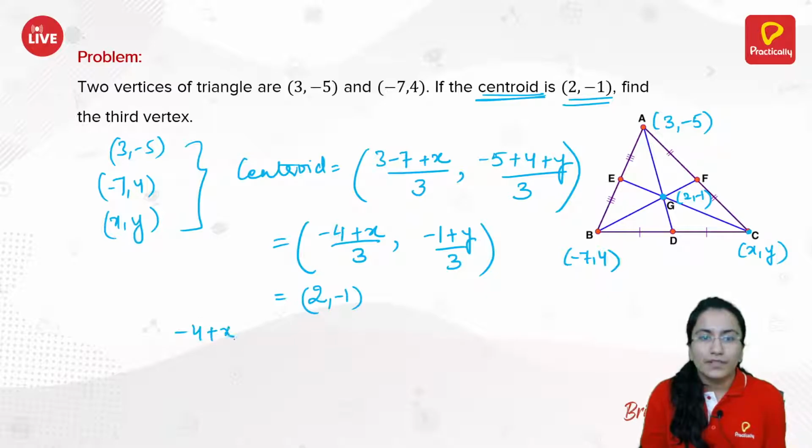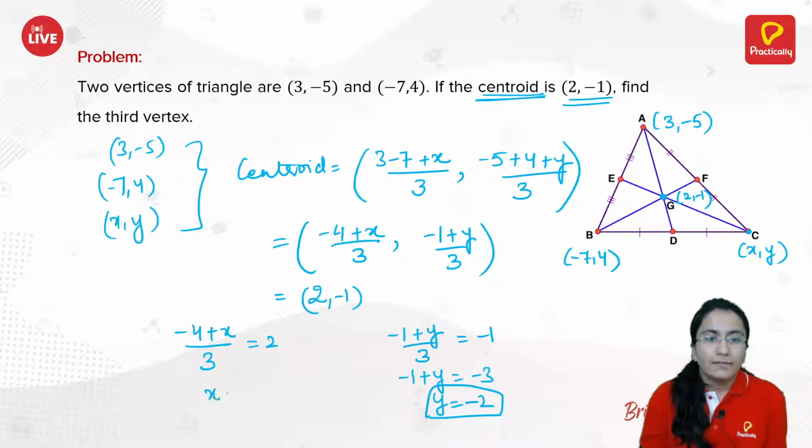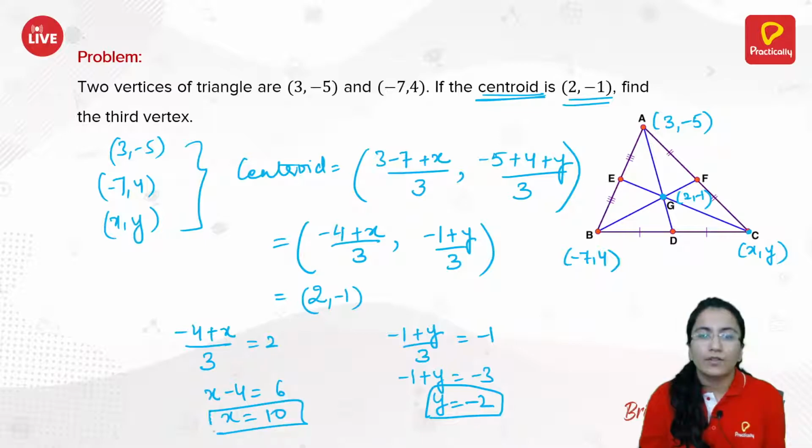Minus 4 plus x divided by 3 is 2, and minus 1 plus y divided by 3 is minus 1. So minus 1 plus y is minus 3, y is equal to minus 2. Here x minus 4 is equal to 6, x is equal to 10. So 10 comma minus 2 is basically the required coordinates of the third vertex.